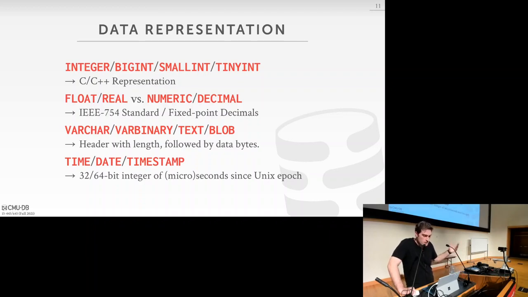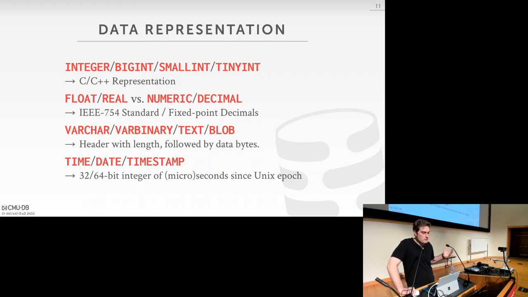Those are integer, big int, small int, tiny int. Basically what these are stored as is their C or C++ representation. So if you have an integer that fits in 256 distinct values, you can store that in a single byte. If you have an integer in a larger range, you may need to use a 4-byte or 8-byte value.